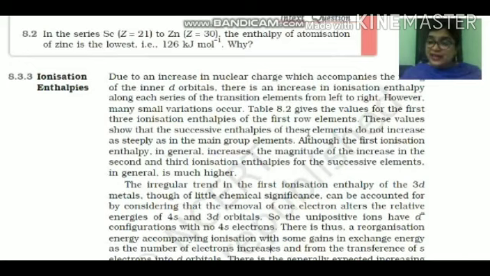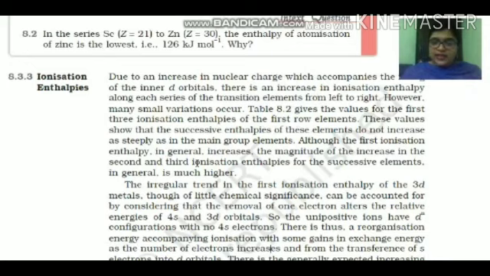No doubt there is an increase in nuclear charge, but this nuclear charge is opposed by the shielding effect. Somehow the ionization enthalpy increases from left to right, but this increase is quite slow because the shielding effect is opposing the nuclear charge.